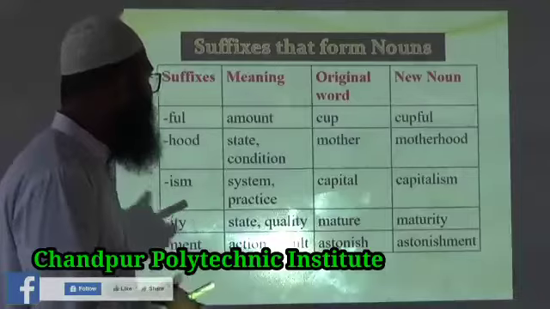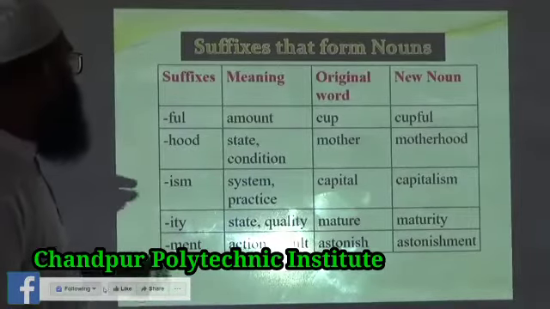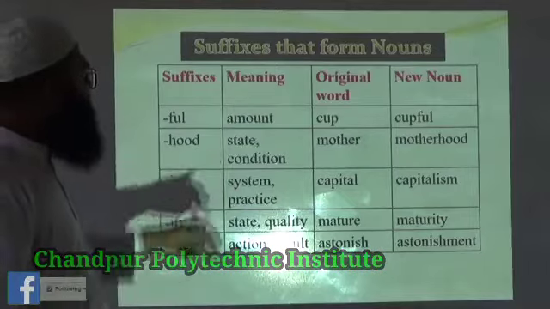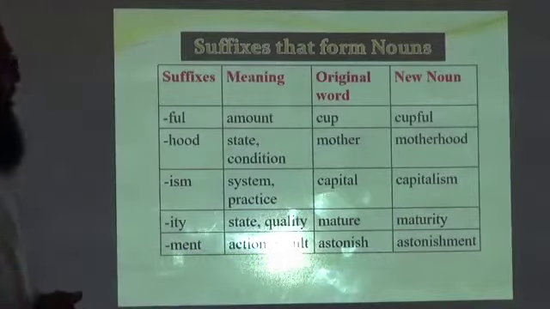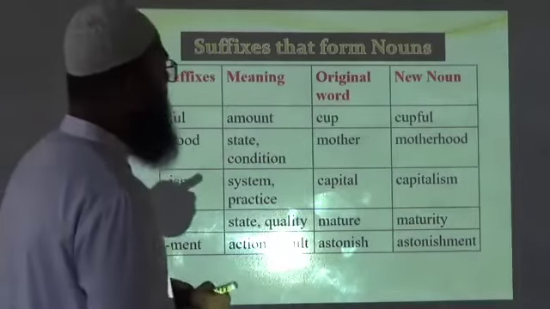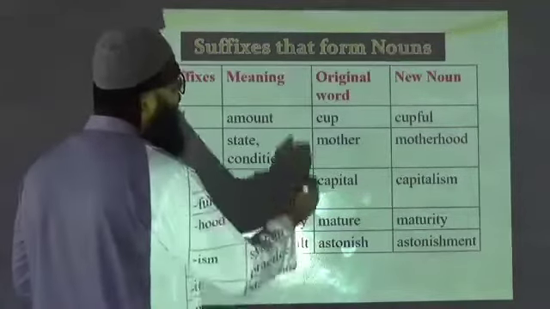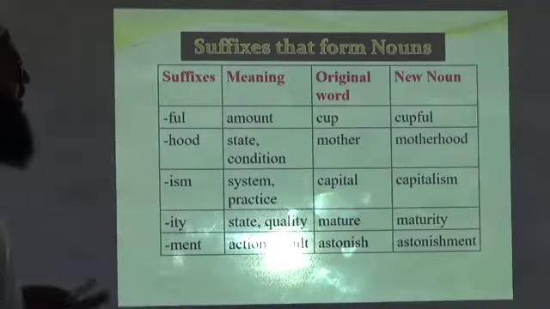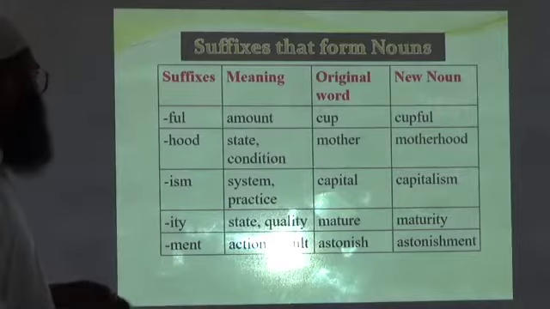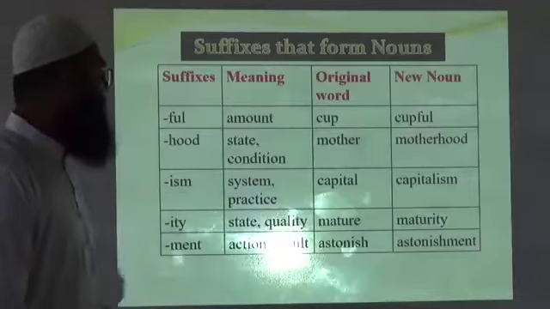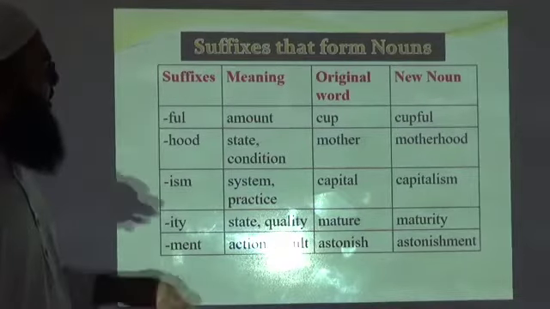Mother to motherhood. The relation between mother and child. ISM, অনুশীলন, একটা ধারা. Capital means রাজধানী, again capital means মূলধন, capitalism. It makes another meaning. Capitalism, পুঁজিবাদ. ITY, it also means state and quality.